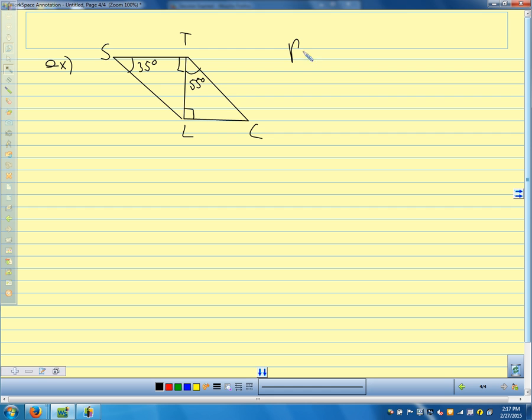And we want to prove that triangle STL is similar to triangle CLT.